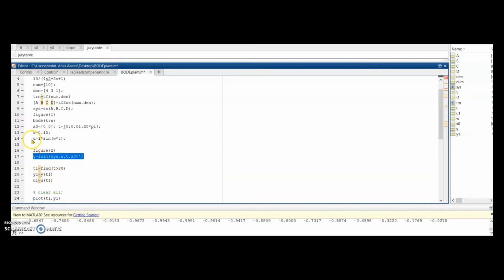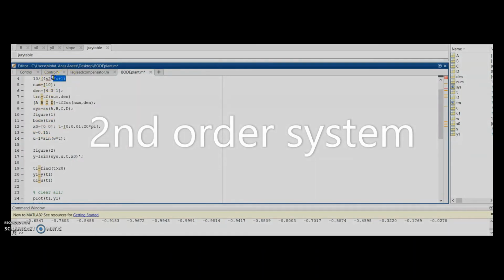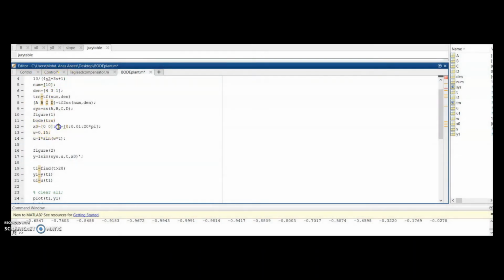So now what is that input? This is the system, this is input Q, this is the time duration for which we want to plot, and these are some initial conditions which we must take. So we are starting with initial conditions x0 = 0, 0. There are two initial conditions because this is a 2-order system. Now time we are taking from 0 to 20 pi, just a random selection, with a step of 0.01 in between.